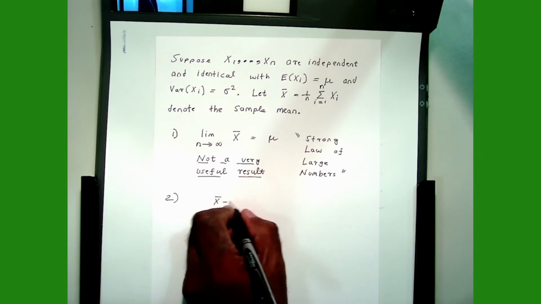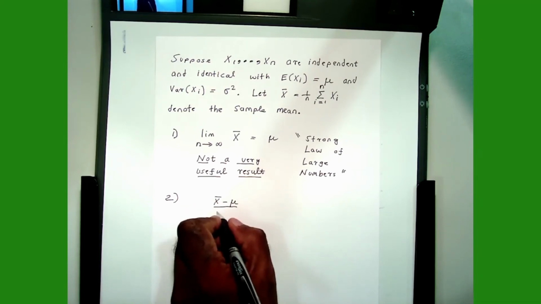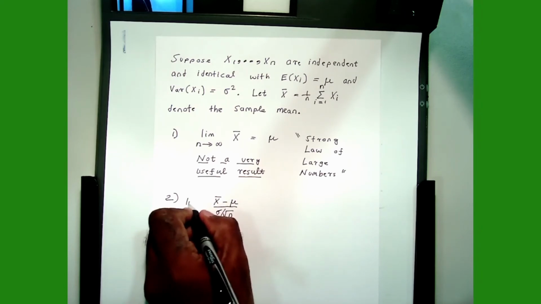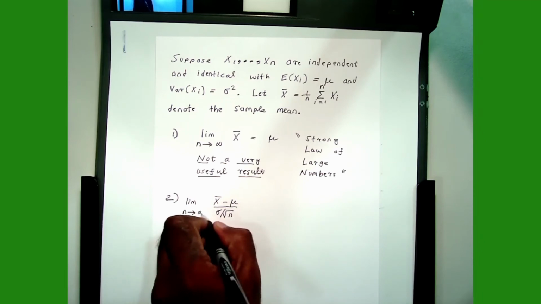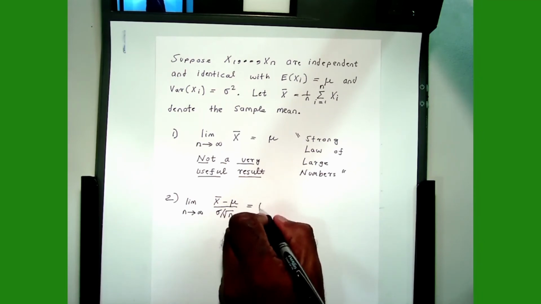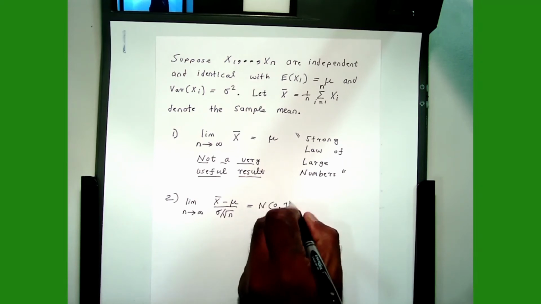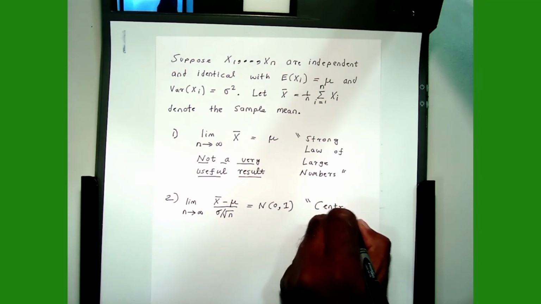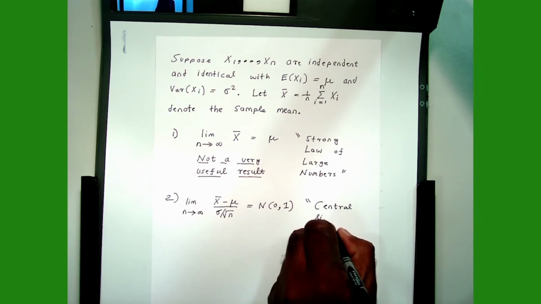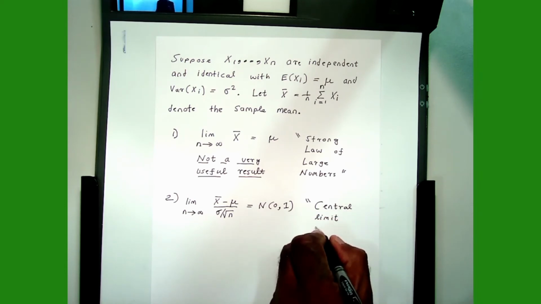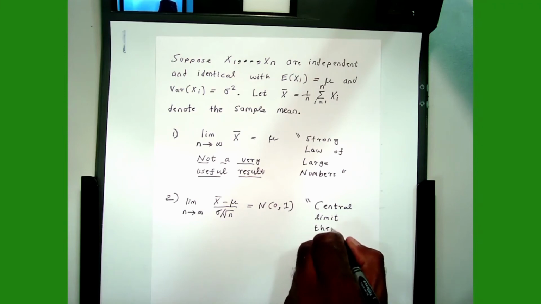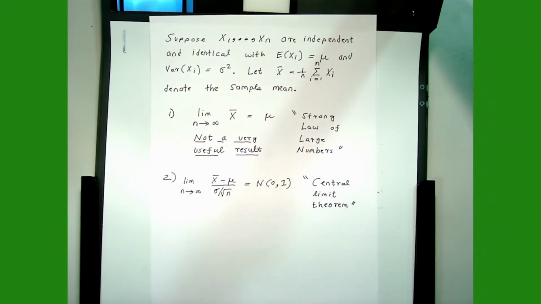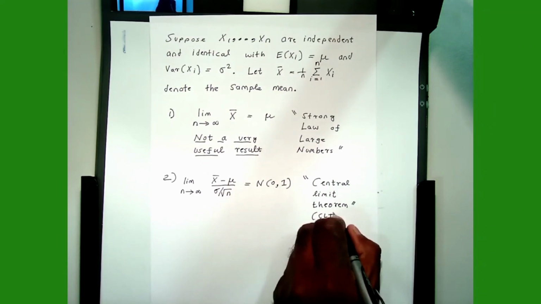Let's look at this. This is once again a result that you should know. You should look at the limit of this as n goes to infinity. Then this, I'm sure all of you know, is the standard normal random variable, and this result is known as the central limit theorem, or CLT.